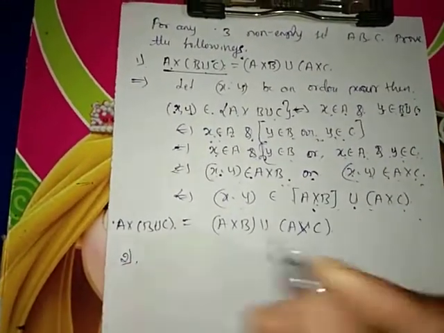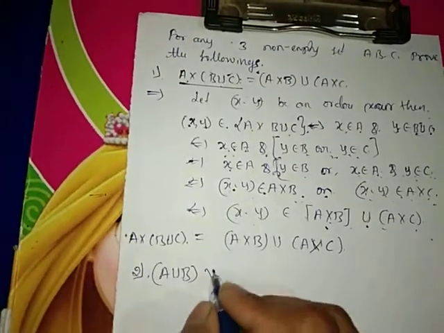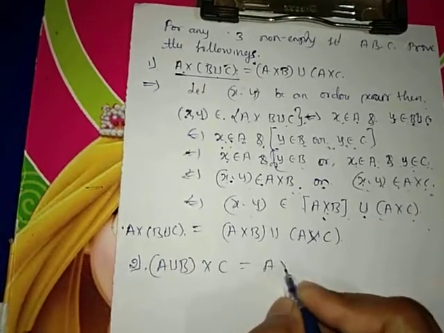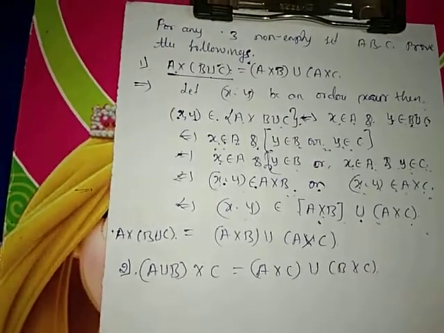Now come to the second one. (A ∪ B) × C is equal to (A × C) ∪ (B × C).